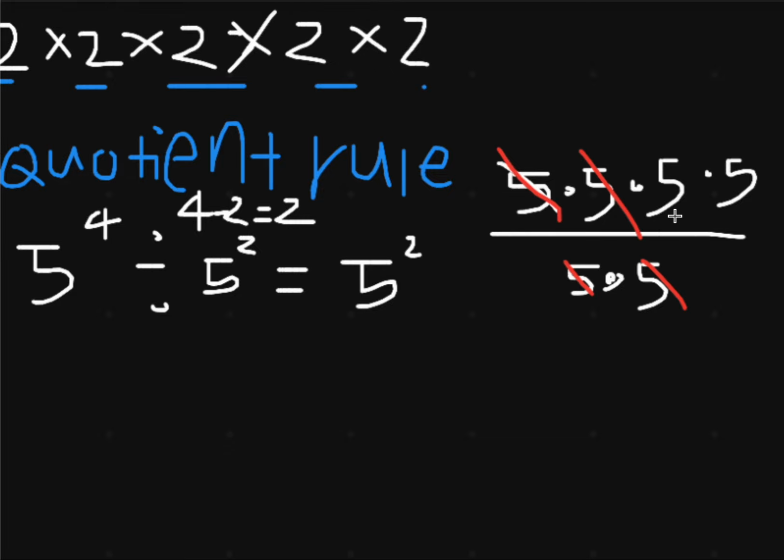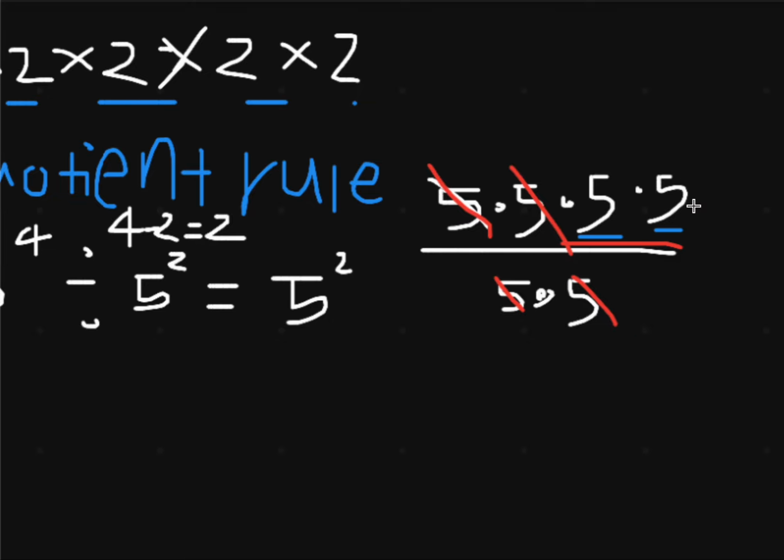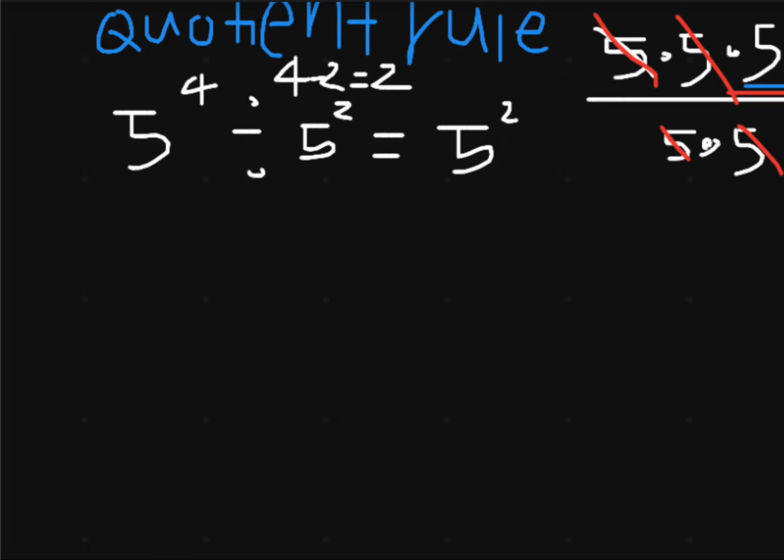Now what you're left with is 1 over 5 times 5. Well, it's really just 5 times 5, right? We can count, right? 5 times 5 twice. So it's 5 to the power of 2. So that's how you show your work. It's like canceling out extra toppings on a pizza. Only keep what's left.